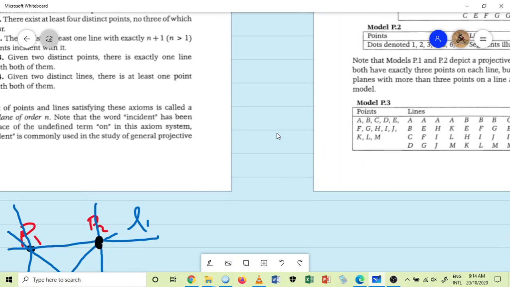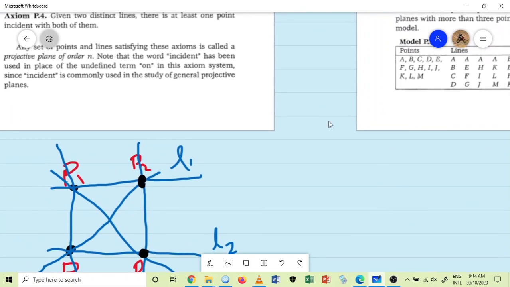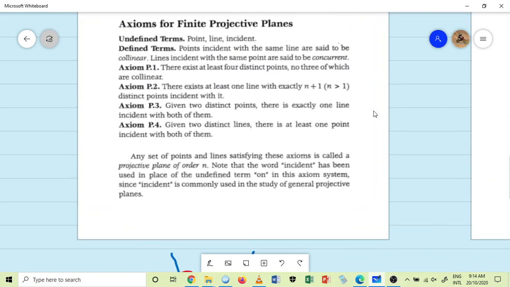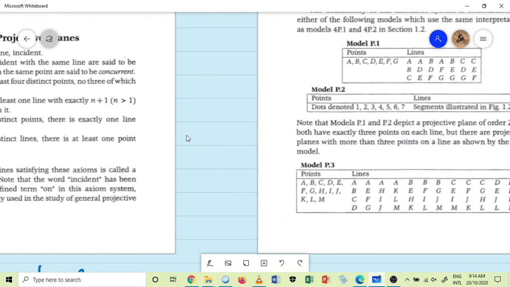It would be wise to just prove theorems and conjectures based on the four axioms of the finite projective planes, instead of doing trial and error to find out the maximum number of points in a finite projective plane.